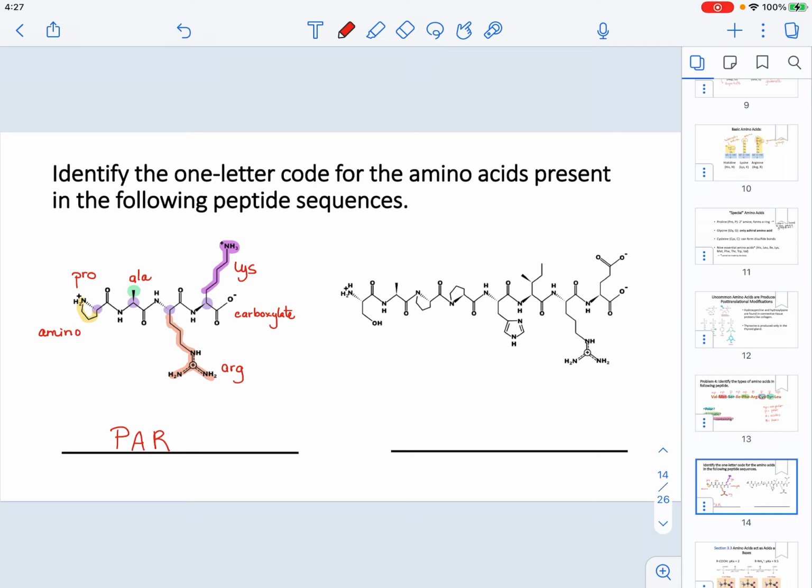And the one-letter code for lysine is K. So the first peptide is PARK.